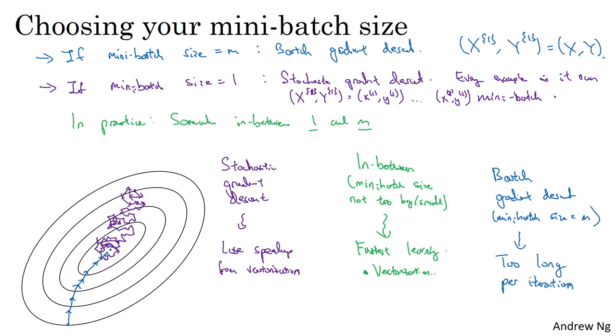So in the example we used on the previous video, if your mini batch size was 1,000 examples, then you might be able to vectorize across 1,000 examples, which is going to be much faster than processing the examples one at a time. And second, you can also make progress without needing to wait till you process the entire training set.